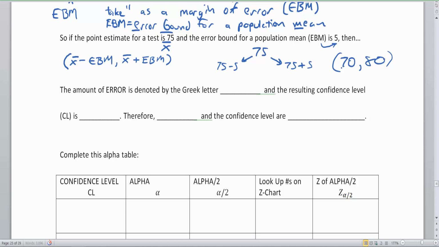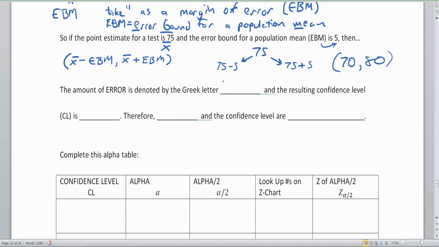But that's why these are parentheses, because in statistics we are never going to be 100% sure of anything, so we put our soft parentheses on there to say, well, we're not actually going to cover exactly 70 and exactly 80. We're just going to say between the two of them.